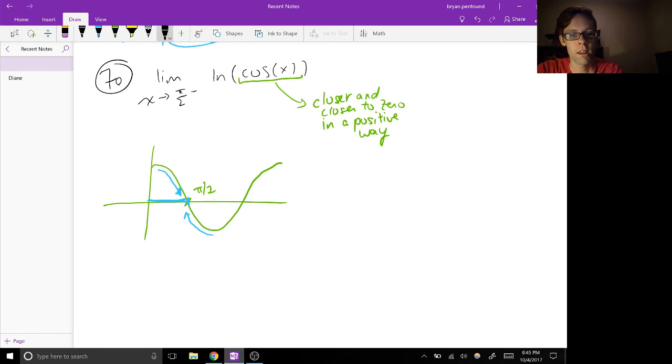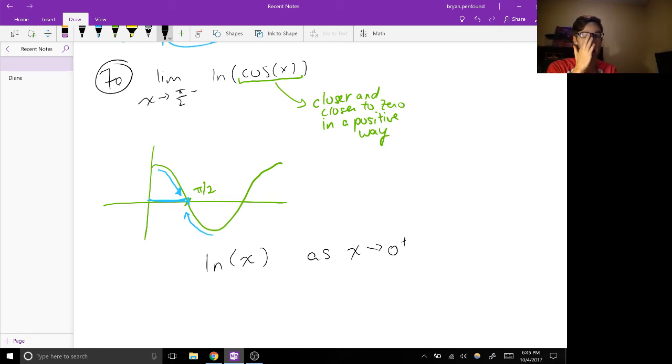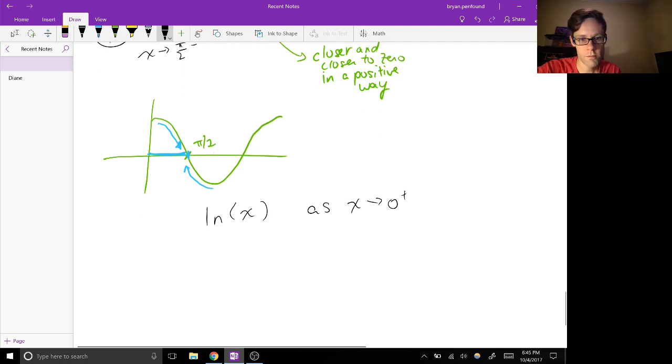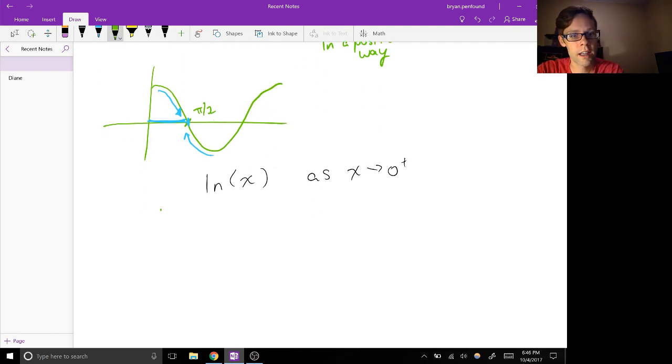So what happens to the natural log of x as x gets closer to 0 from the positive direction? Well, again, we can plot the natural logarithm function, we know what that looks like.